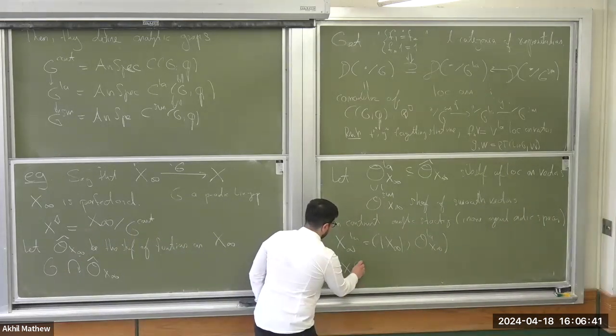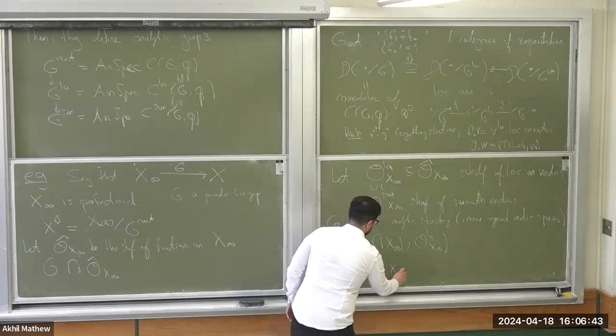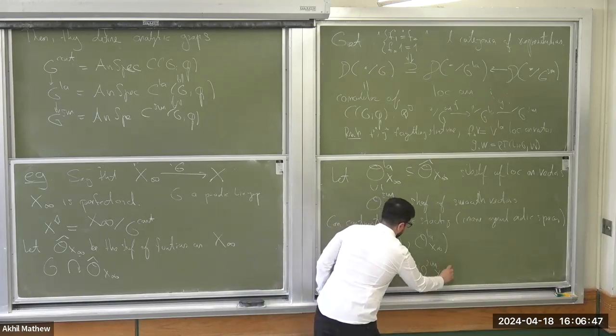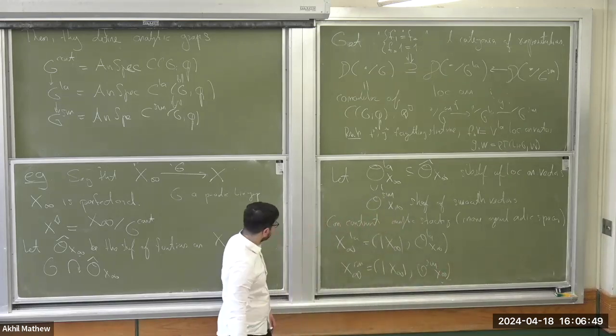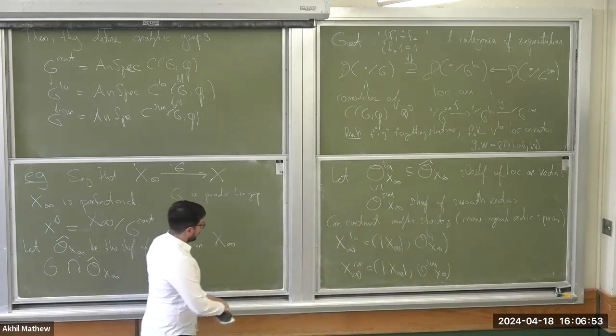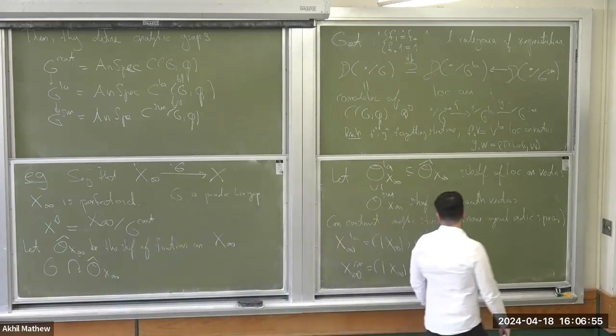We can also consider the smooth versions. And what are the directions? Again, the direction of the arrows is opposite because of the algebras.